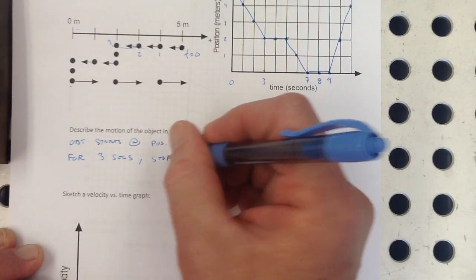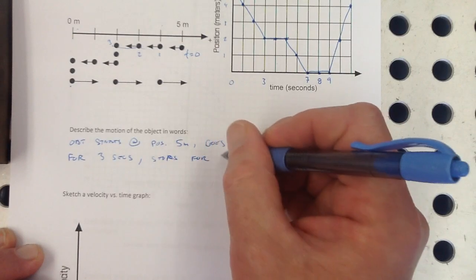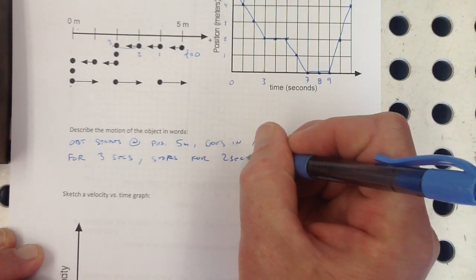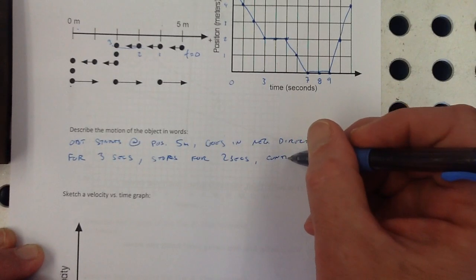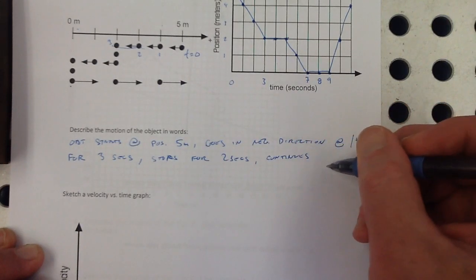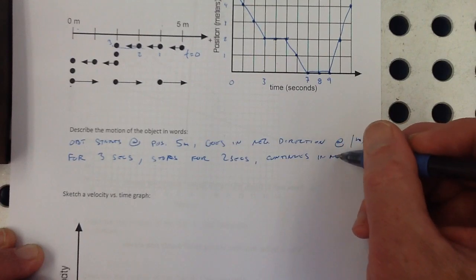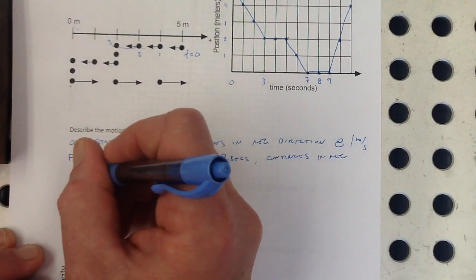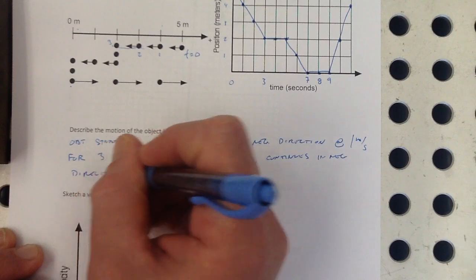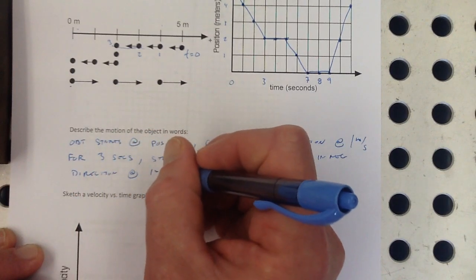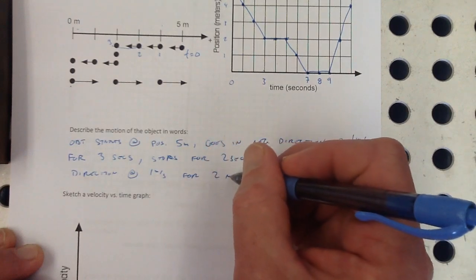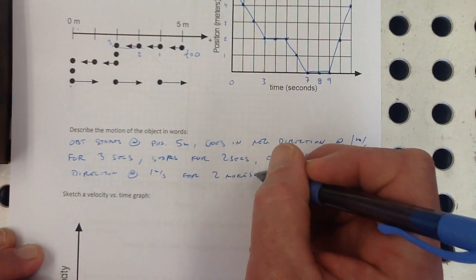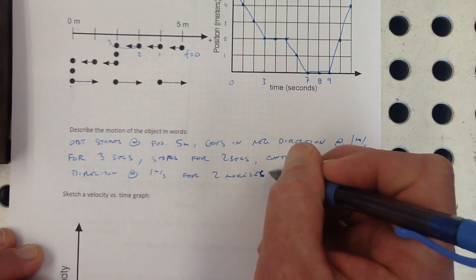Stops for 2 seconds. Continues in negative direction at 1 meter per second for 2 more seconds. 2 more seconds.